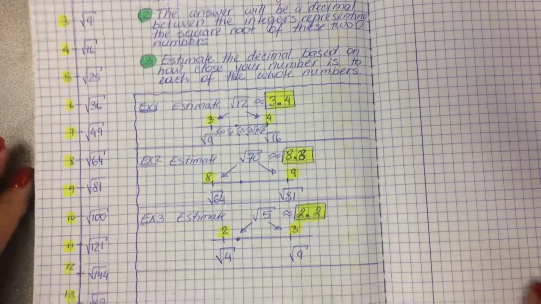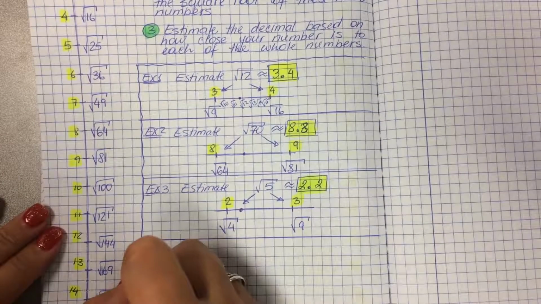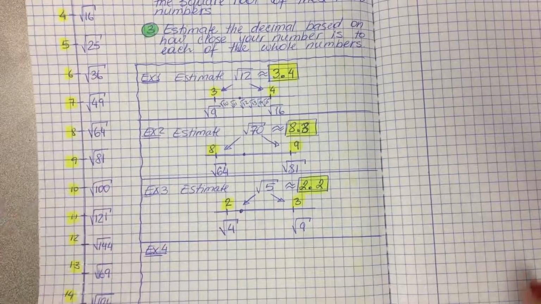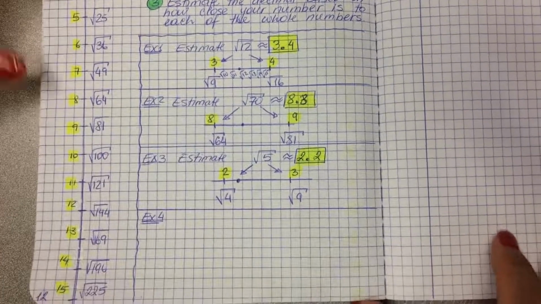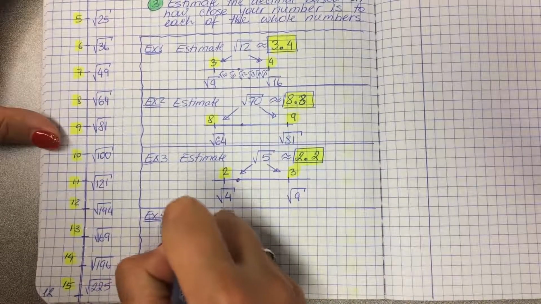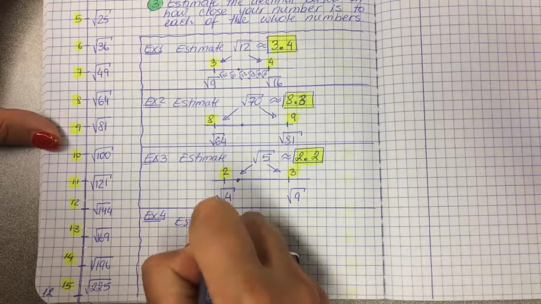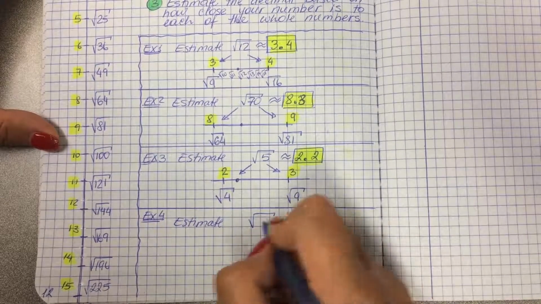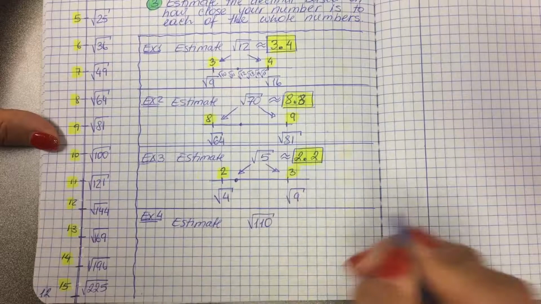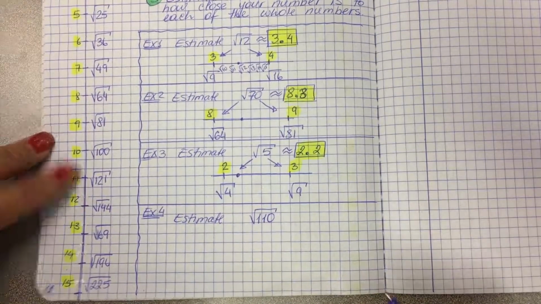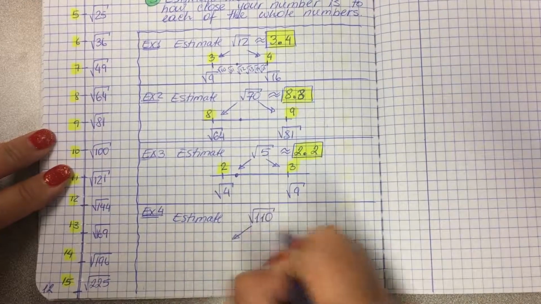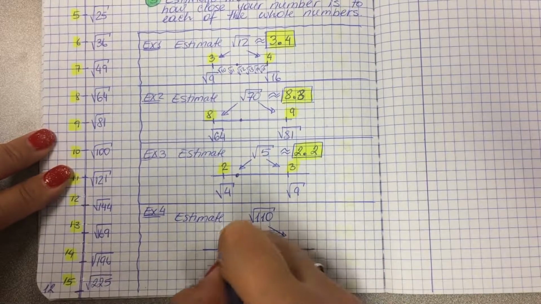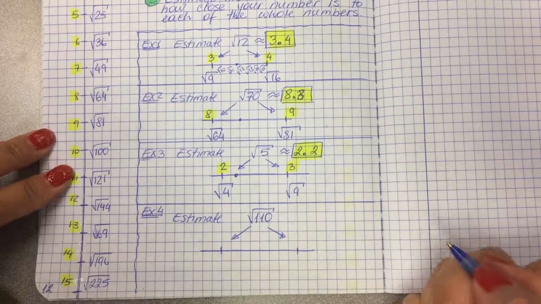How about example number 4? Estimate square root of 110. Starting with thinking what two perfect squares is my square root in between.